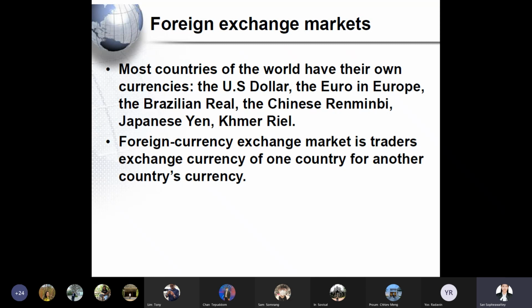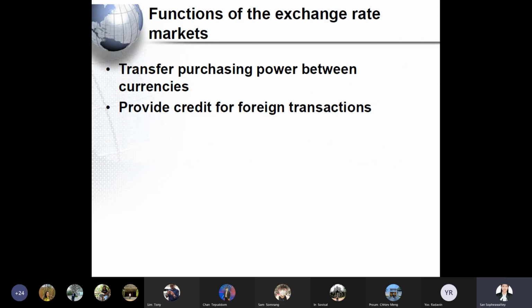So the foreign currency exchange market is a market for trading the currency of one country for another currency. We already know this one.